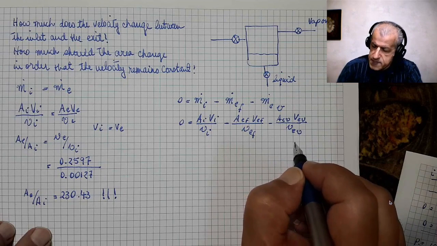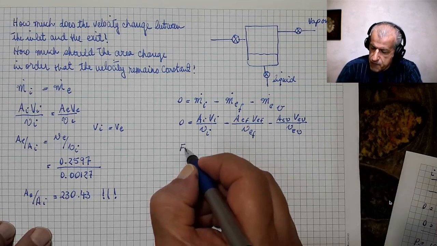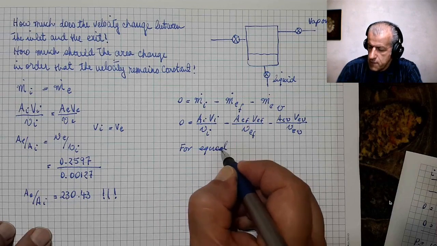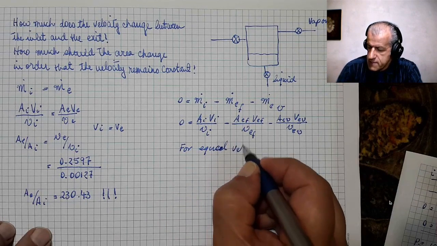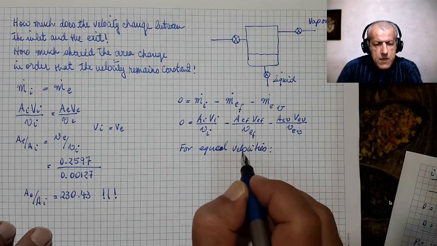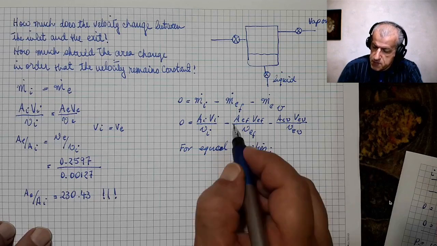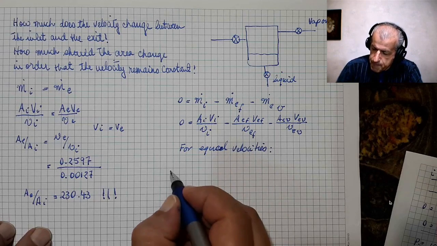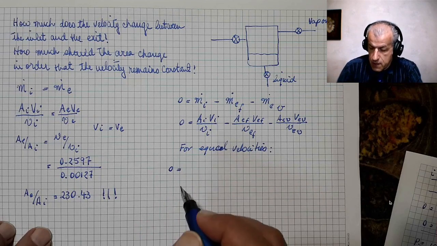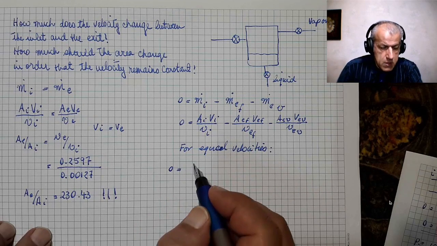For equal velocities, what we could do is to simplify this equation and put numbers for specific volumes.